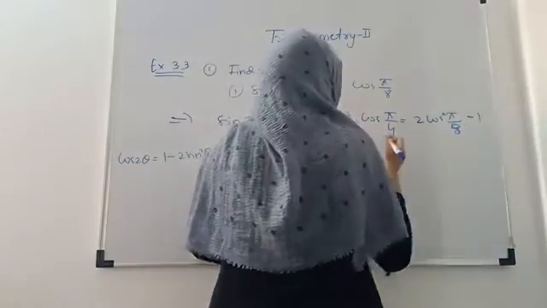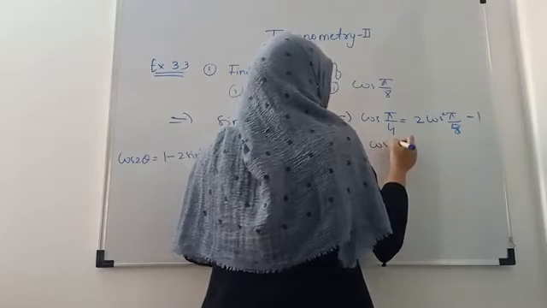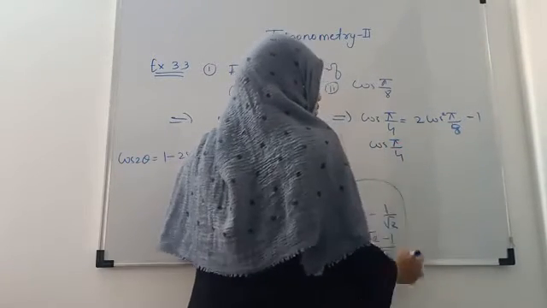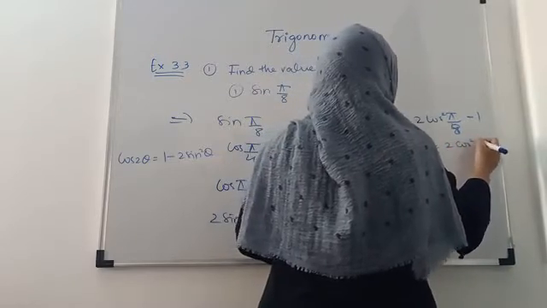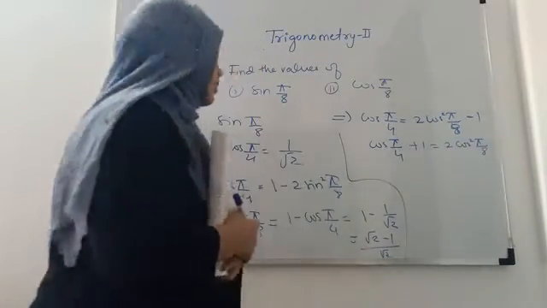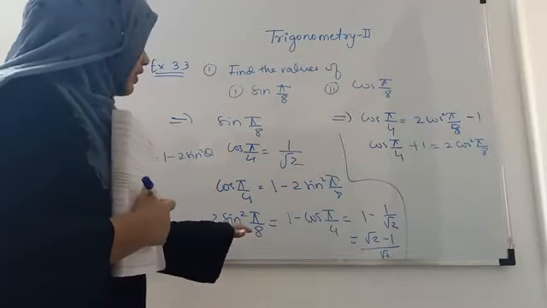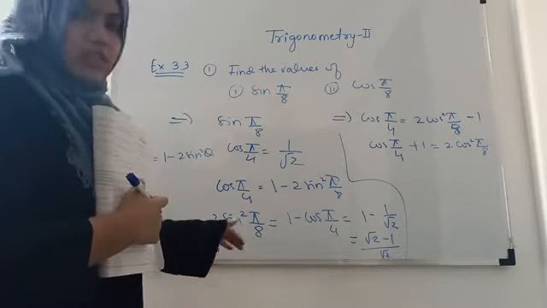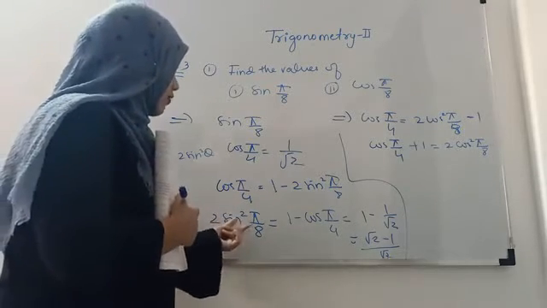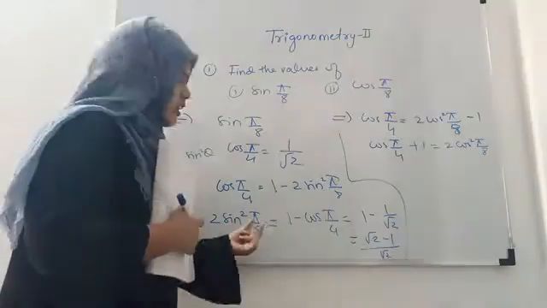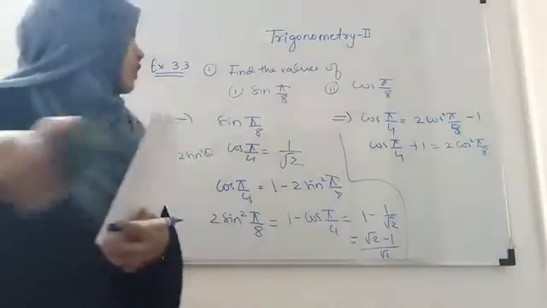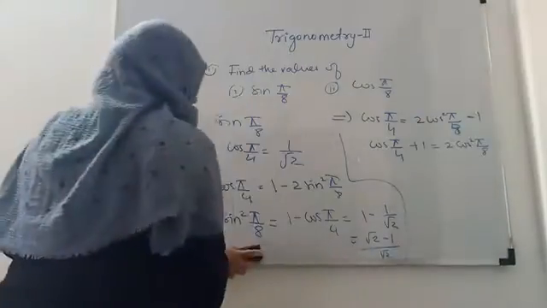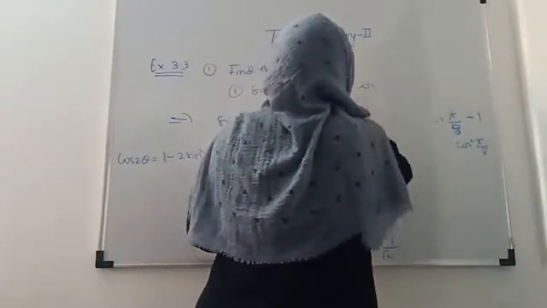Now shift minus 1 here, so it is cos pi upon 4 plus 1 is equal to 2 cos square pi upon 8, right? And here as well, I'm so sorry, we haven't found the value of sine. This is for the sine square. We have to take the square root as well. We'll complete this problem first and then we'll start the second one.